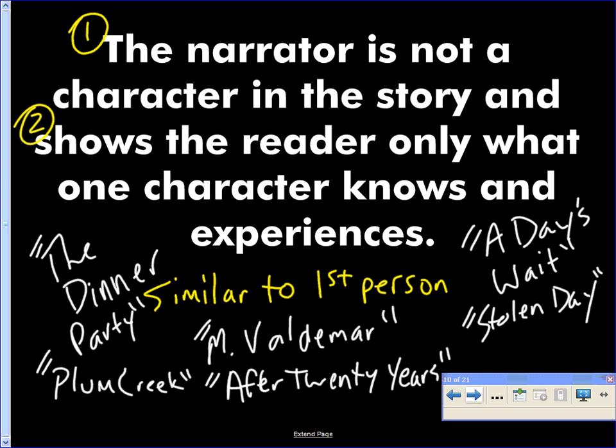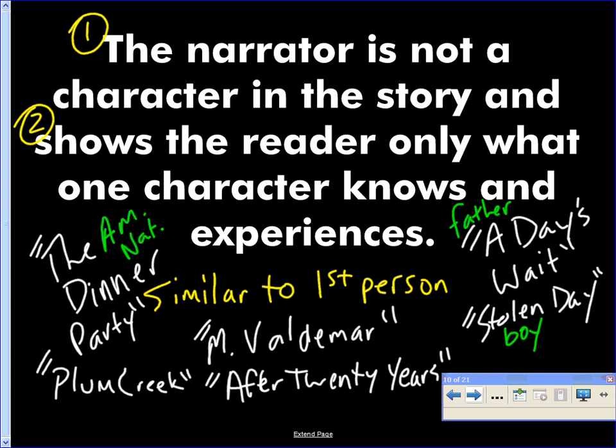Remember that since all of these examples are still limited to one character's point of view, you want to make sure to identify that character when you are discussing third limited. So for The Dinner Party, you could talk about the American naturalist, who's the author or the narrator there. A Day's Wait, you're talking about the father. Stolen Day, you're talking about the boy who does not have a name.